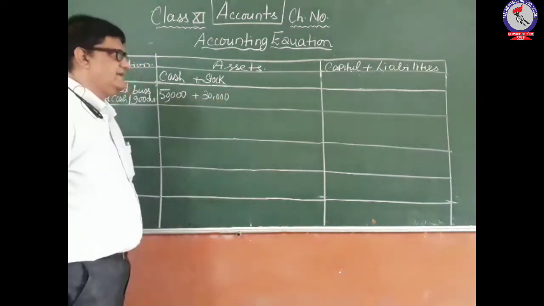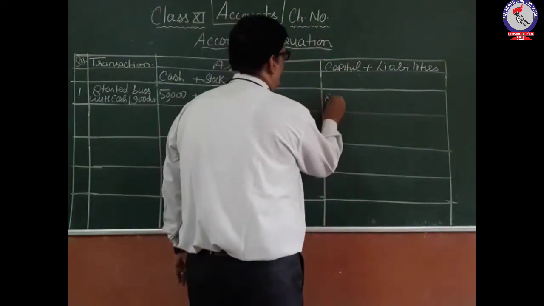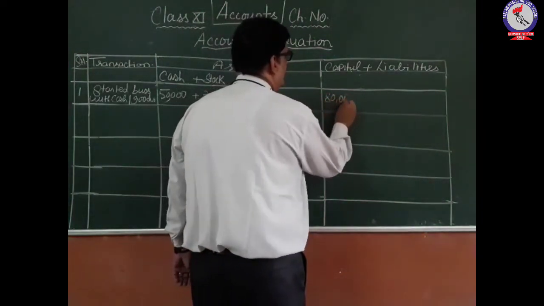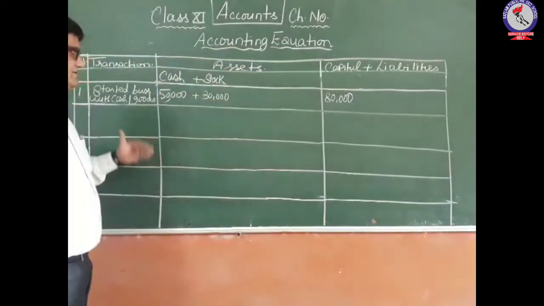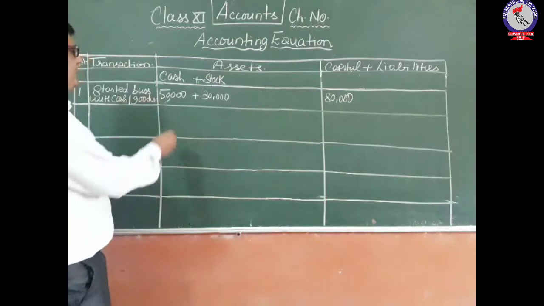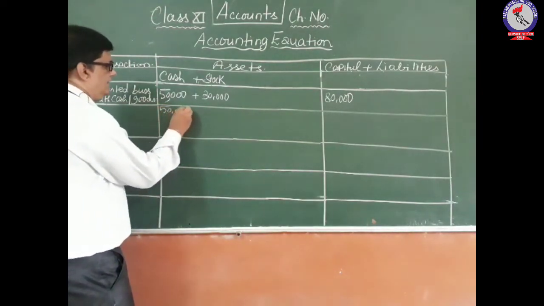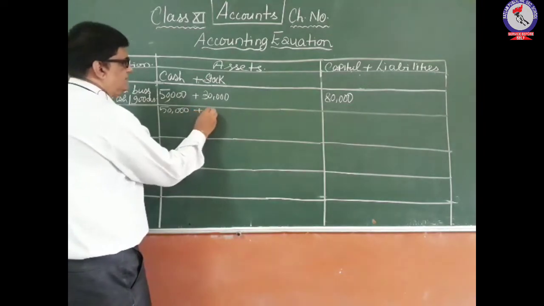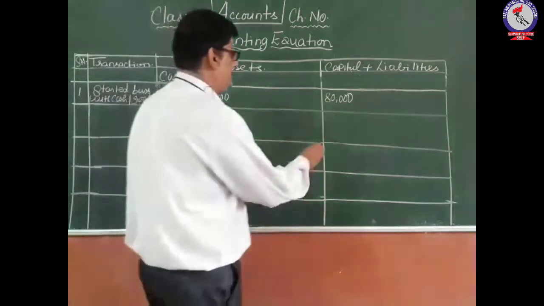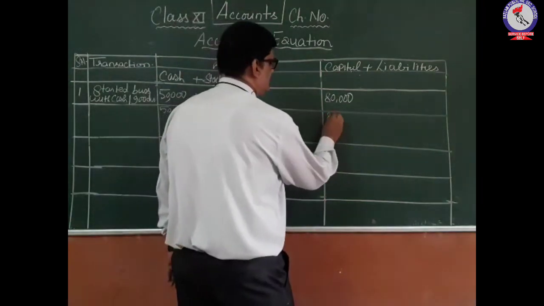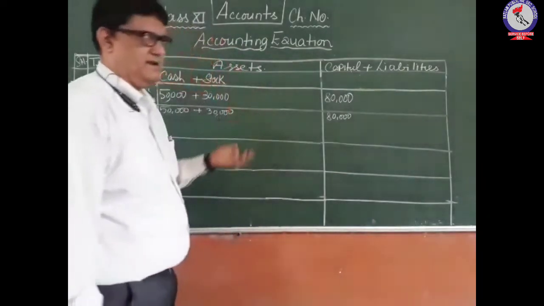So the total capital becomes 80,000 rupees. What we have observed is that cash has a balance of 50,000, stock is at 30,000, and the total amount, 80,000, is the capital balance after the first transaction. Okay.